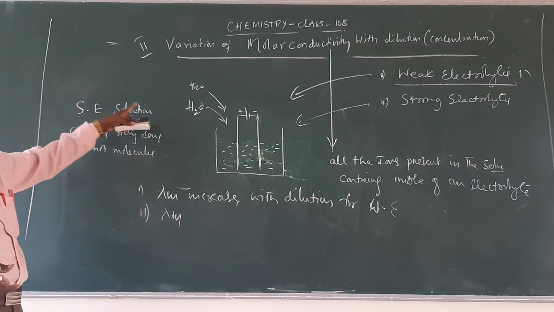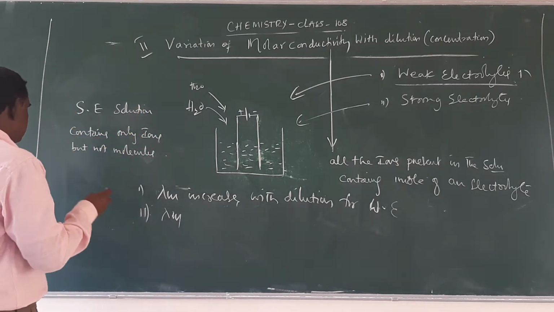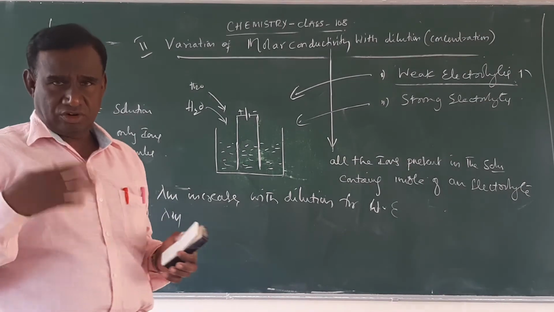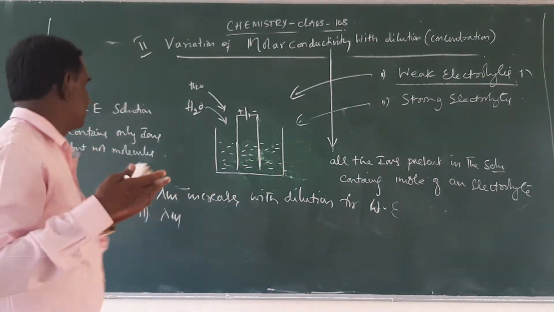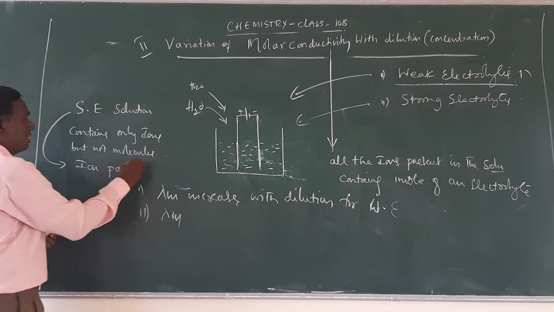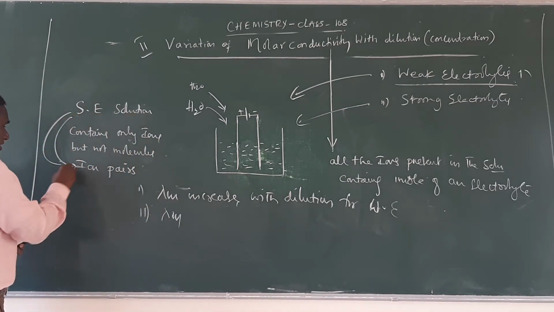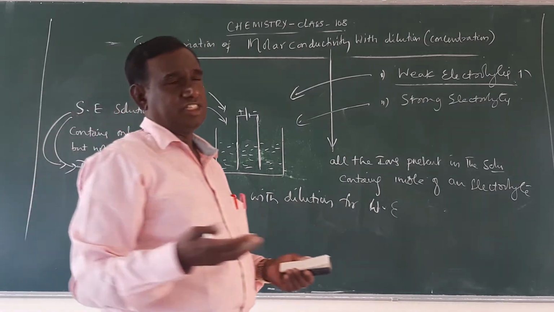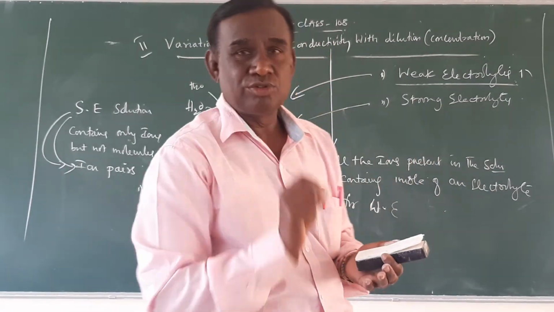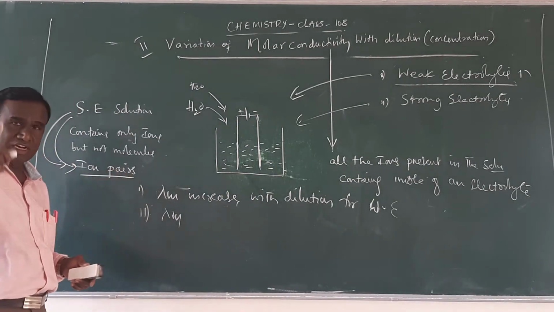But remember, strong electrolyte solution also contains ion pairs. The ions get paired up, so ion pairs are formed. Strong electrolyte solution contains only ions but not molecules, but it also contains ion pairs, because the ions get together, forming ion pairs. That is pairing of ions takes place here, not molecules. Therefore, ion pairs are present in the strong electrolyte solution.